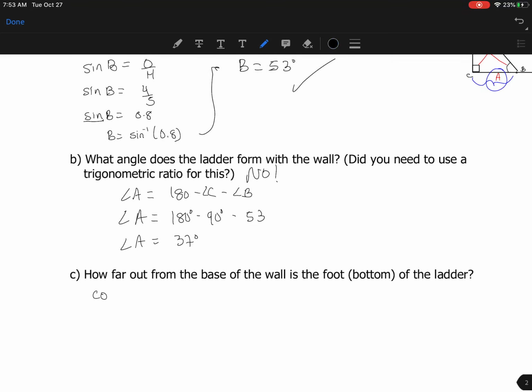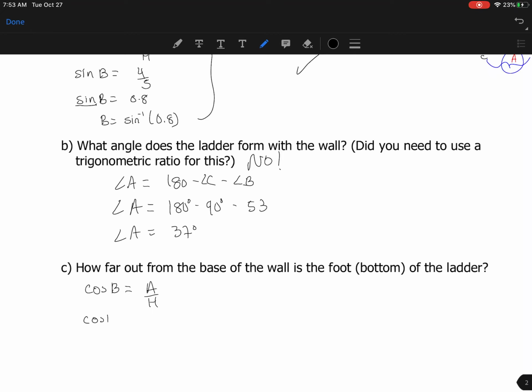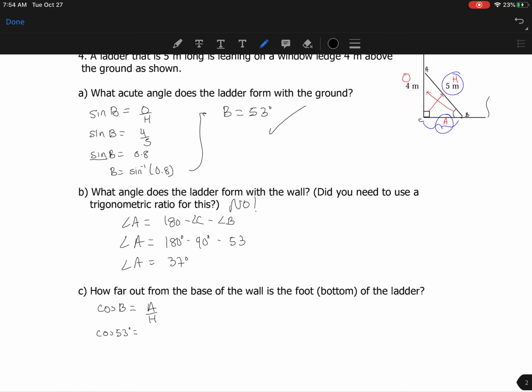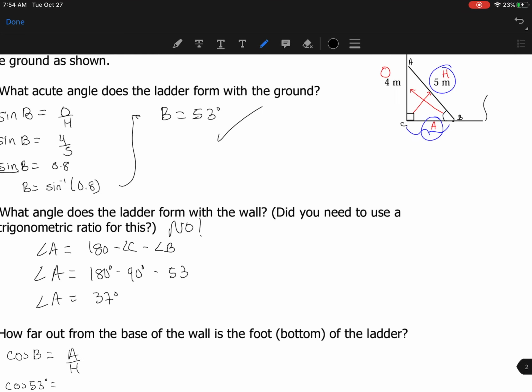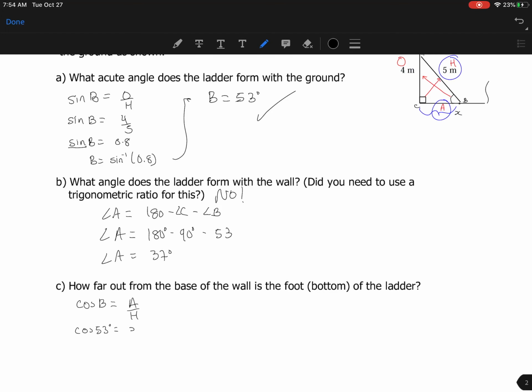So it's going to be the cos of angle B is equal to our adjacent over our hypotenuse. We're trying to find, sorry, not the angle, the side length. So angle B, we know, is 53 degrees. The adjacent side, we do not know, and I'm just going to call that X because that's what we're trying to find.